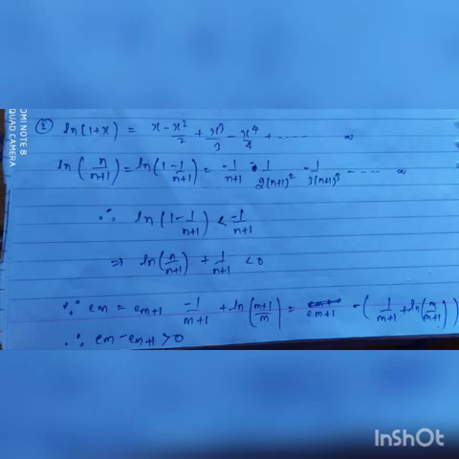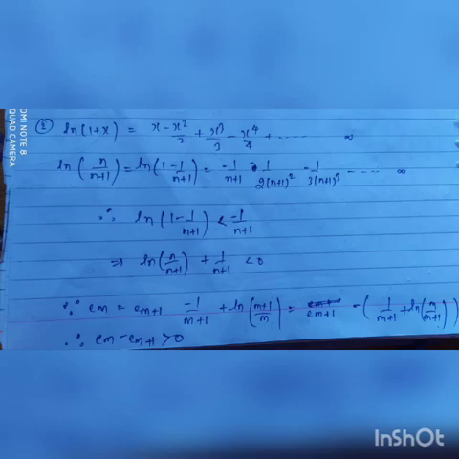So ln of n over n+1 can be written as ln of 1 minus 1/(n+1). Substituting the value of x as minus 1/(n+1), we can see that log of n over n+1 is the same as minus 1/(n+1) minus 1/2 times (1/(n+1)) whole squared and so on, as shown.